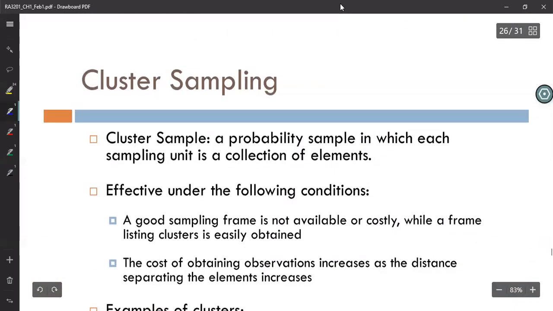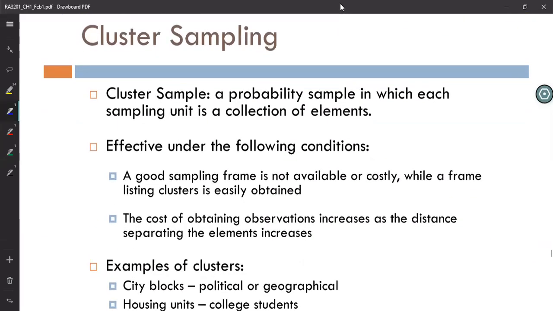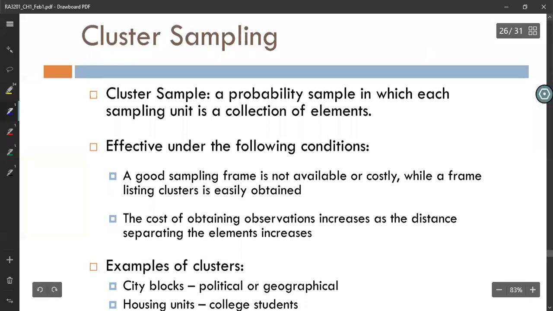Right, the fourth type of probabilistic sampling is called cluster sampling. Okay, now you can imagine the meaning. When you say a cluster, a cluster is a group, right? So these sampling units will come as a collection of elements, maybe according to the geography or maybe according to the features, okay?